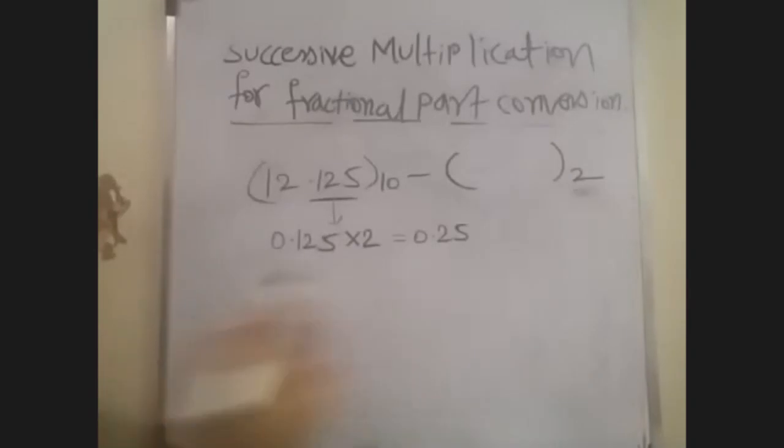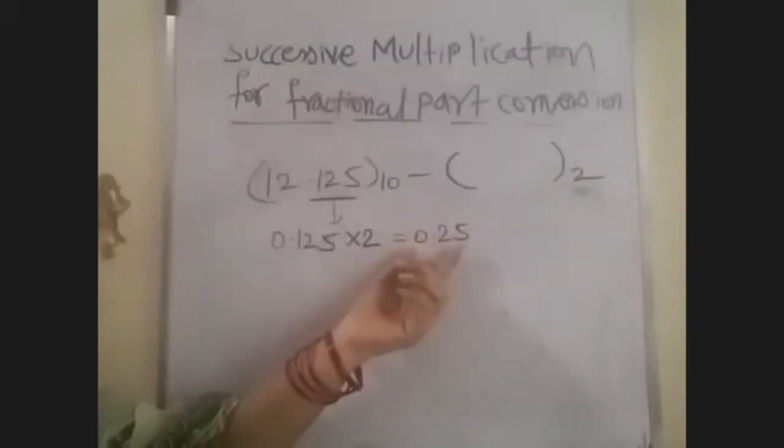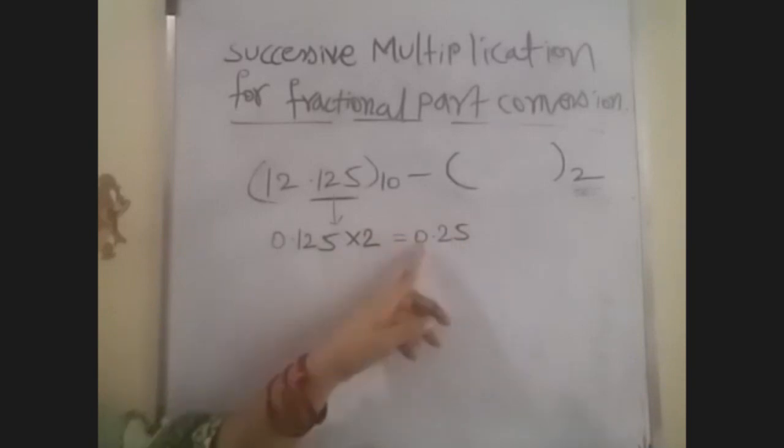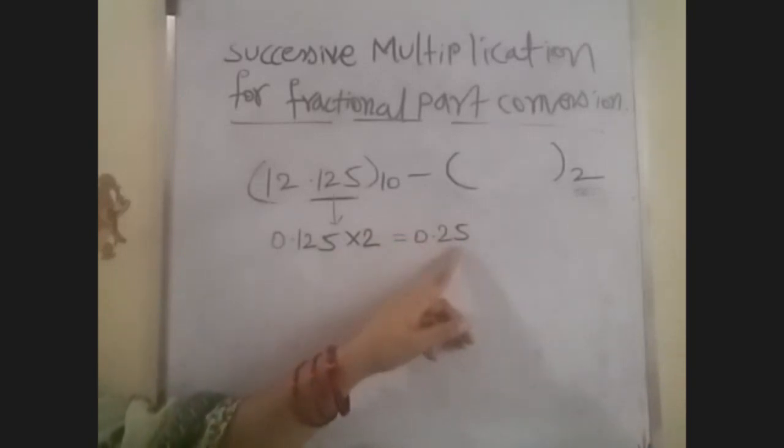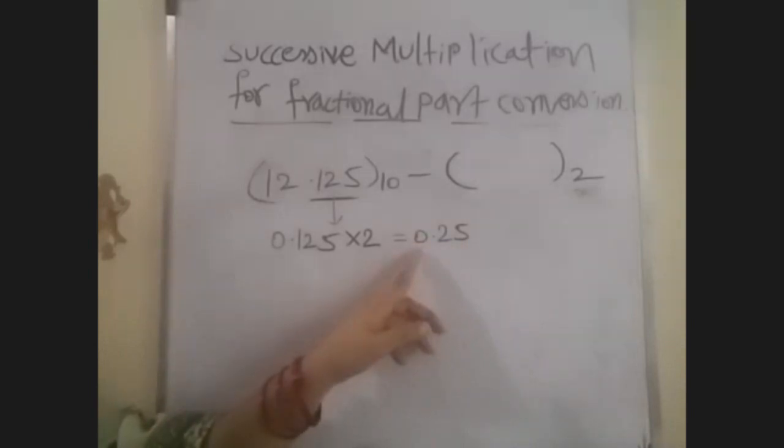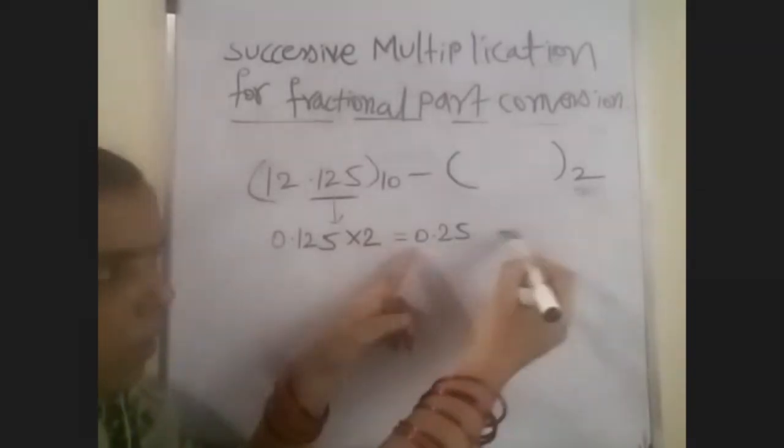In this 0.25, the second step: record the integer part of the product as carry. That means 0 becomes the carry.